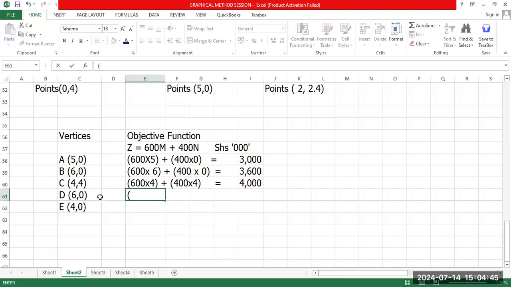Here the value of M is 6. So it is 600 times 6, then add 400 times 0. What do you get? 3,600.